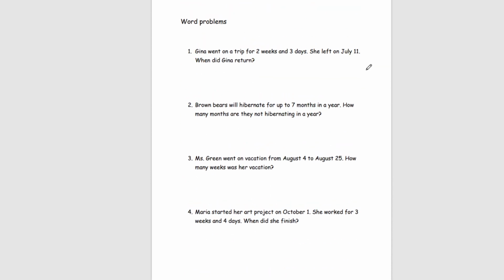Starting with the word problems, here we have number 1. Gina went on a trip for 2 weeks and 3 days. She left on July 11th. When did Gina return? Since we know she was gone for 2 weeks and 3 days, we're going to add up the total amount of time she was gone. 1 week is equal to 7 days, and she was gone for 2 weeks, so we multiply by 2, and we get 14 days.